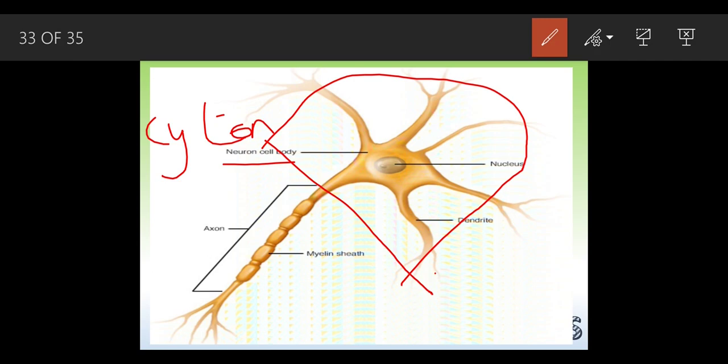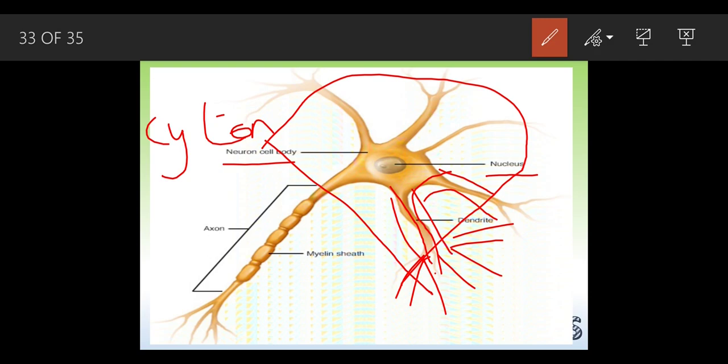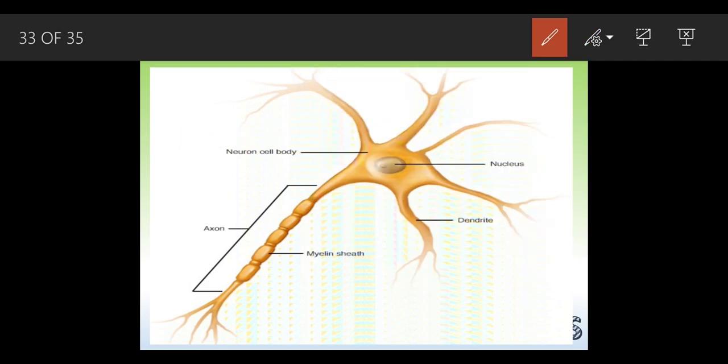Okay, we can see inside this cyton there is a presence of a nucleus, and the branches that have arisen out of this cyton, we are going to call them the dendrites. Okay, this branch is called the dendrites, the branch which has been excreted out. This part, this is the dendrite.